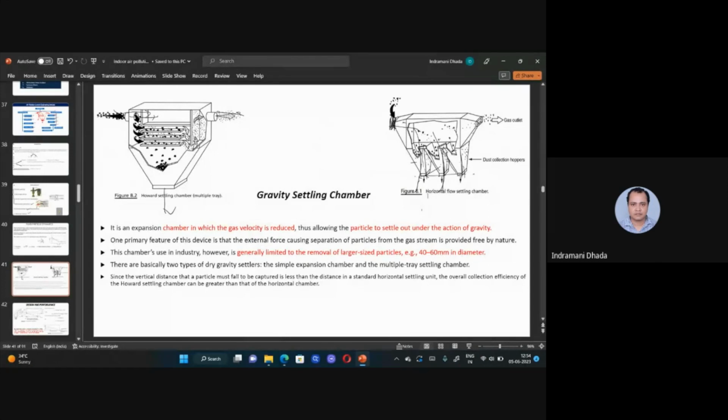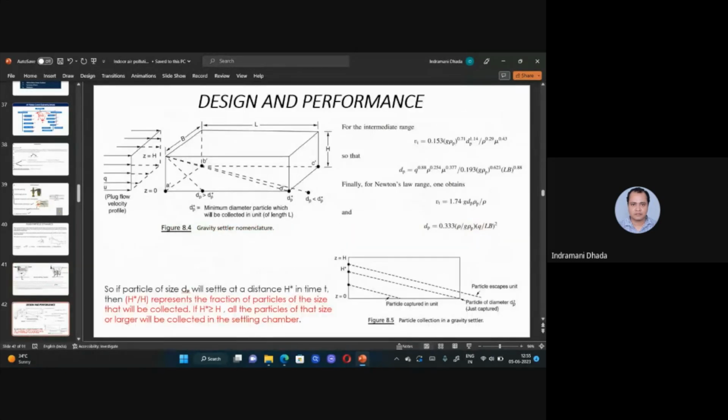Then the clean air is passed continuously. You can use this kind of thing for very big particles, like 40 to 60 microns in diameter. And you can see the mechanism. Suppose the particle can be trapped: dp star is the particle size below which you are not collecting the particles. These particles are not collected in this chamber, they go out.